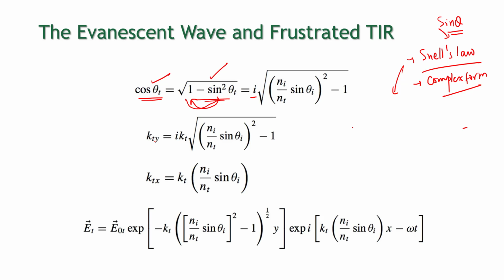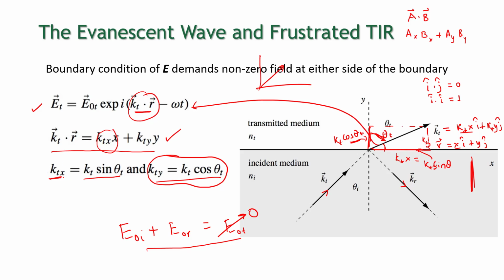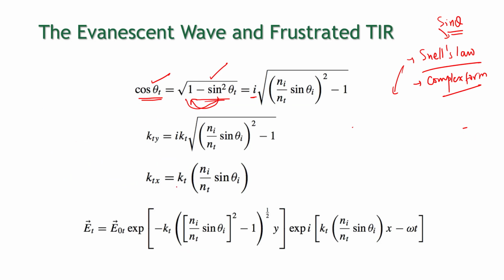Okay, so that's the expression for k_ty, and k_tx we see here is this one. So k_t sine theta t. You can use Snell's law for that. Using Snell's law, you get that.